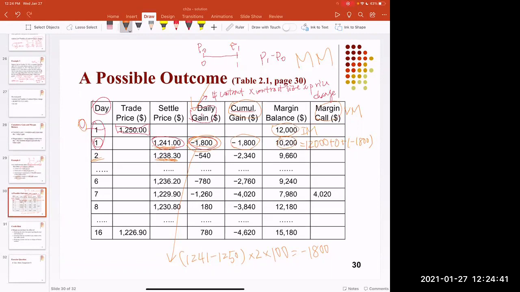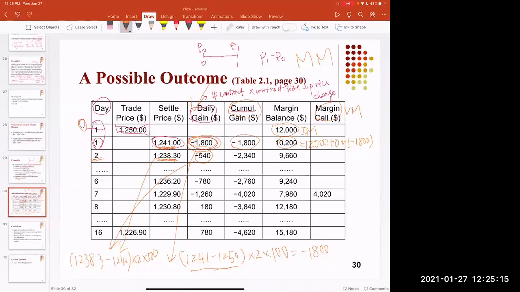So when you do the price change for day two, the ending price for day two is 1,238.3 minus the beginning price for day two, which is the ending price for day one, 1,241. And same thing, times number of contracts, times contract size. So you will get the daily gain for day two.